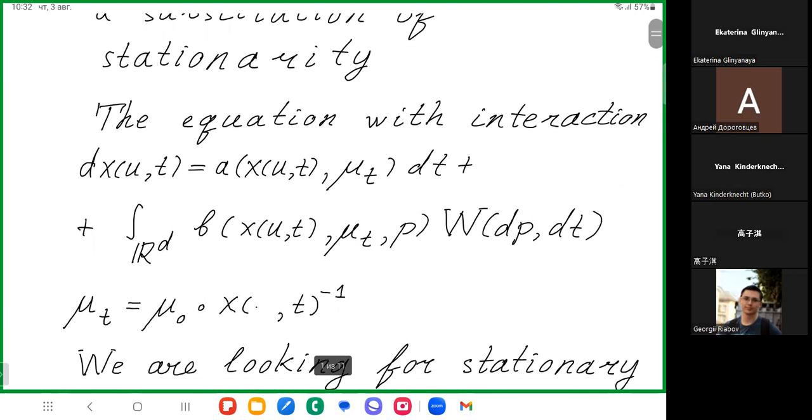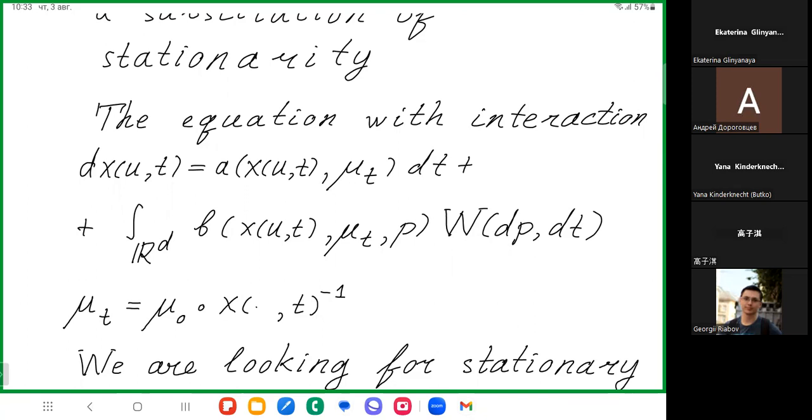So this is the general form of an equation with interaction. Here we have the presence of the mass distribution of all particles in the system, mu t, in the coefficients. And yesterday we discussed that, firstly, the space of probability measures is not locally compact.